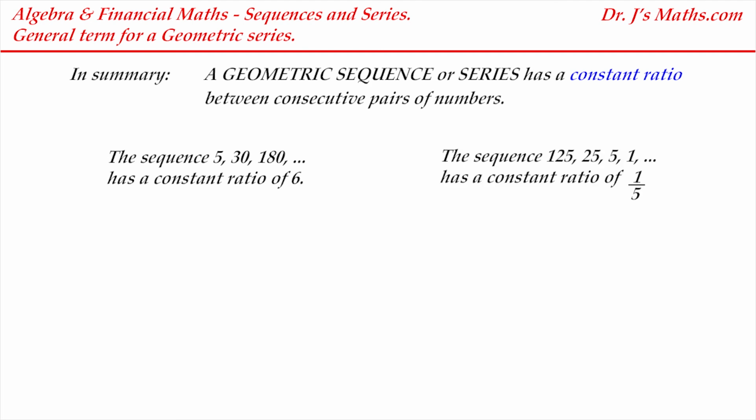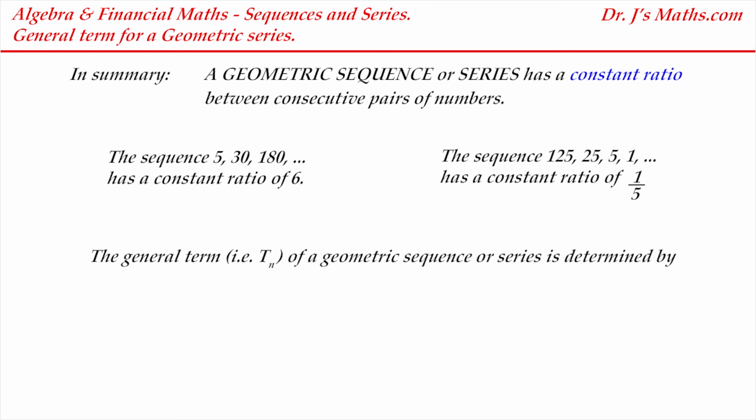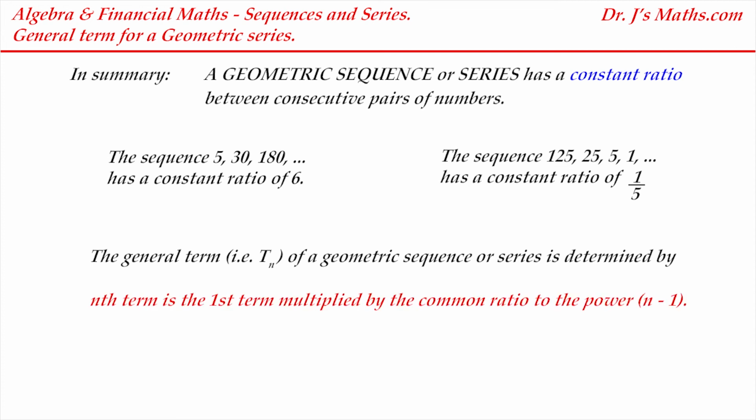The sequence 125, 25, 5, 1, etc. has a constant ratio of 1 over 5, because it's 25 over 125, etc. The general term, i.e. Tn, of a geometric sequence or series is determined by the nth term being the first term multiplied by the common ratio raised to the power n minus 1. And if you wanted to put that down formally, we can say that Tn is equal to T1 times r to the n minus 1.